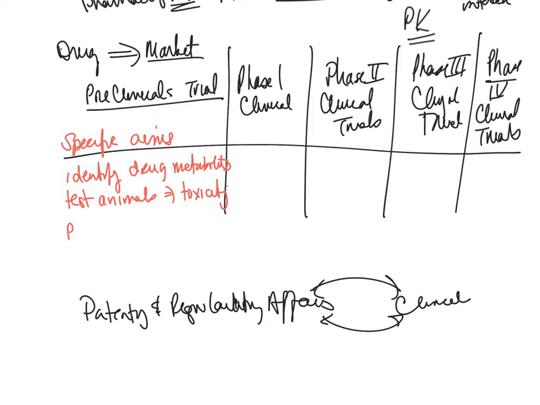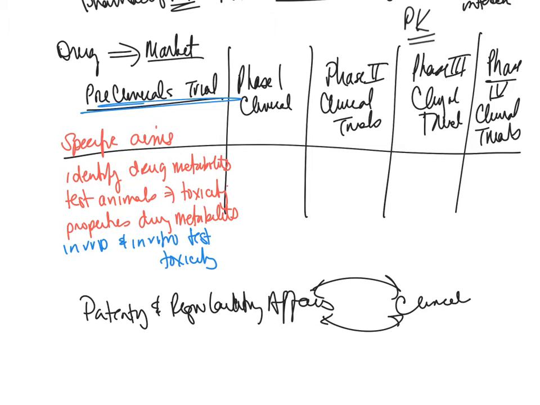Okay, you have to determine the properties of drug metabolites. So you're doing in vivo and in vitro tests for toxicity. So toxicity is a big deal for preclinical trials. Also the pharmacology, you have to identify the action at the drug target.